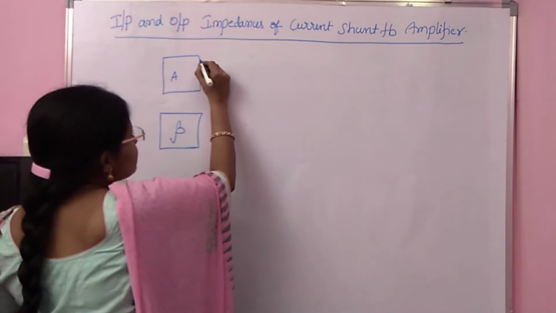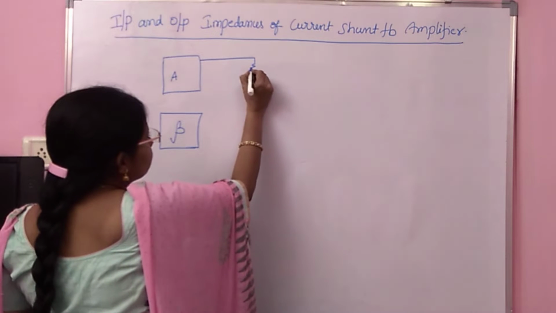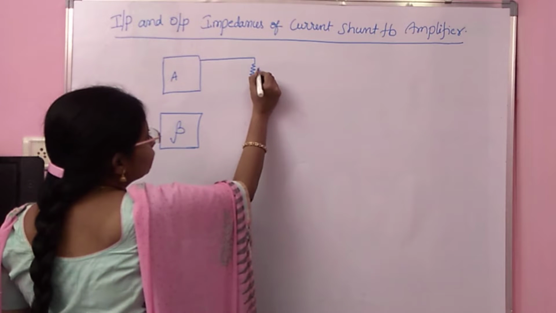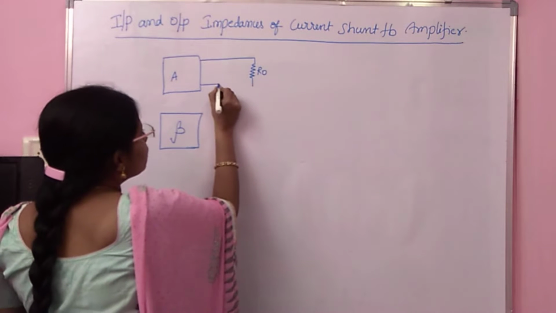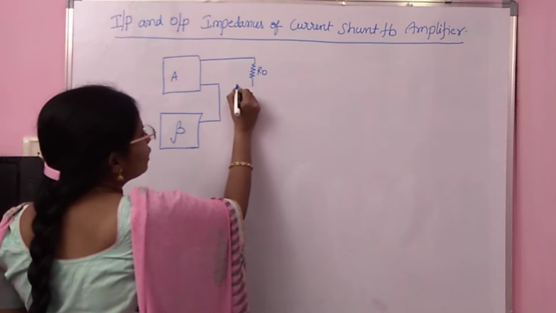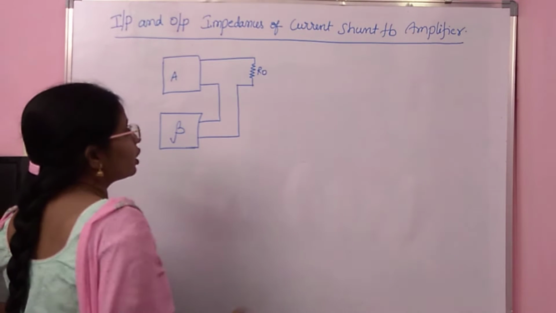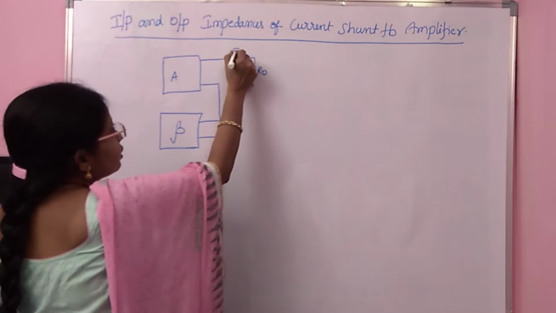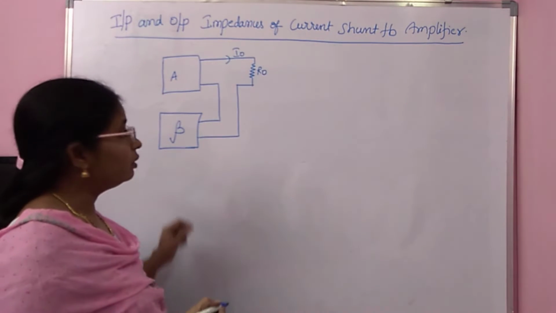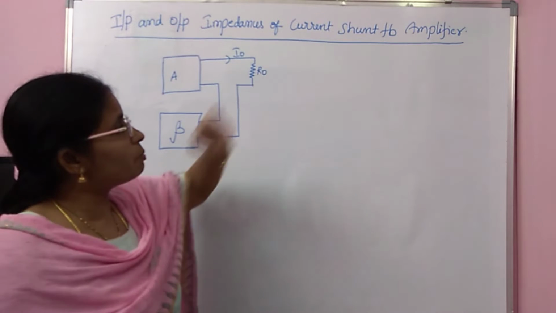So we know the current sampling. This is the way of connecting to get current sampling, and you must indicate here the current I0. Then the mixing is shunt mixing.